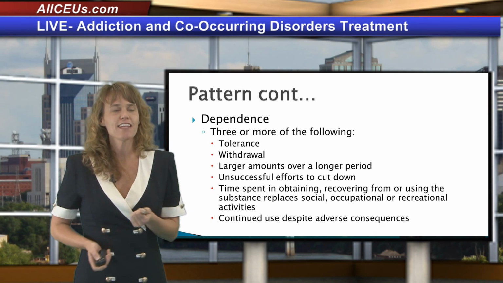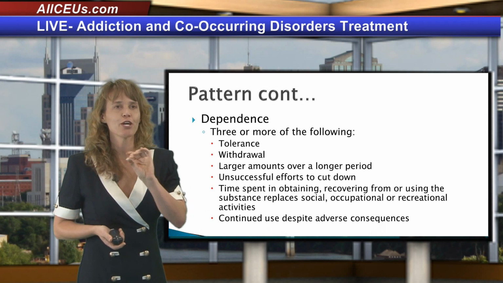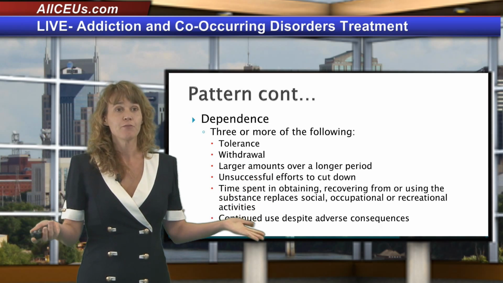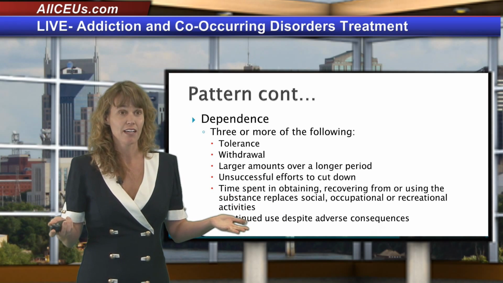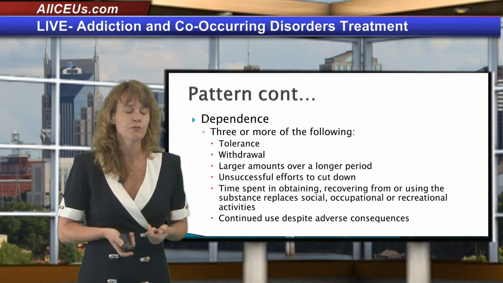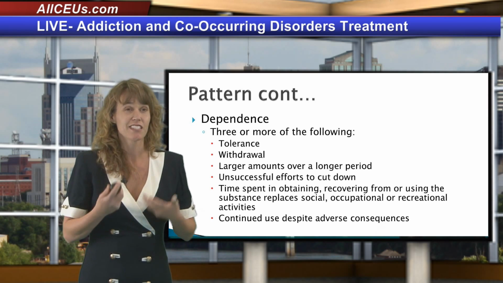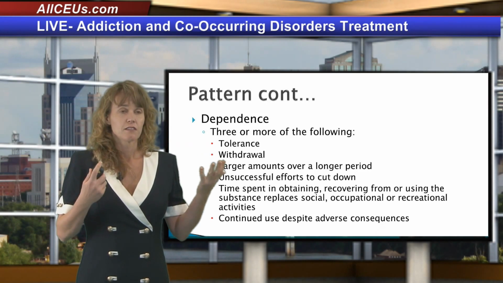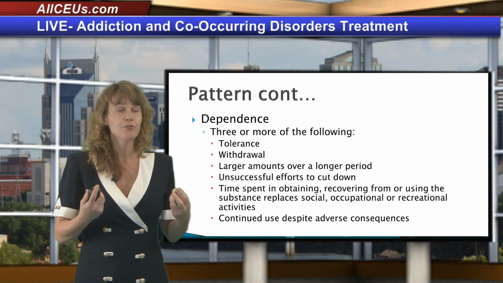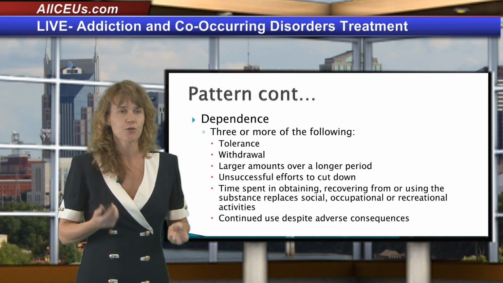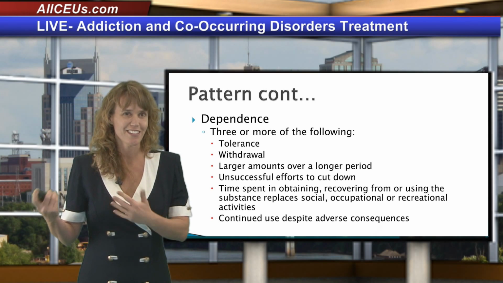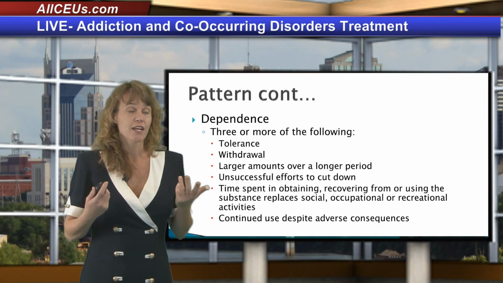Moving on. Dependence is when somebody evidences three or more of the following. Tolerance. They need more of the substance to get the same high, or they need to use different substances in combination. Withdrawal. Their body has gotten used to having that substance in it, so they feel physically uncomfortable and sometimes psychologically uncomfortable when they don't have that substance.